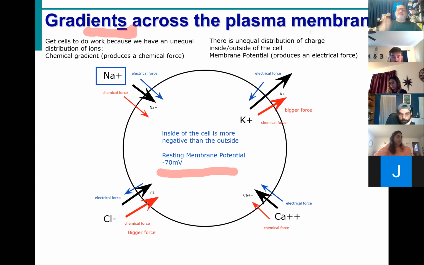And just to sum this all up, let's think in terms of the effect. If sodium enters the cell, what kind of an effect does that have on the cell? Makes it more positive. Yeah. If chloride enters the cell, what is its effect going to be? More negative.